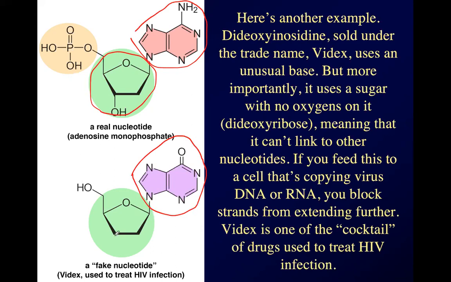And notice that the sugar right here is missing that little OH, that group of an oxygen and a hydrogen atom, which means this is not ribose, it's not deoxyribose, it's dideoxyribose. It's lost two oxygens right there.